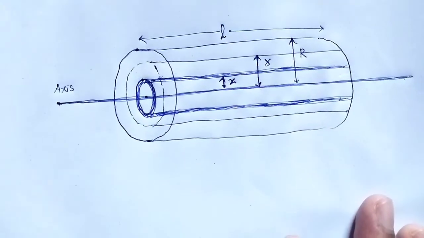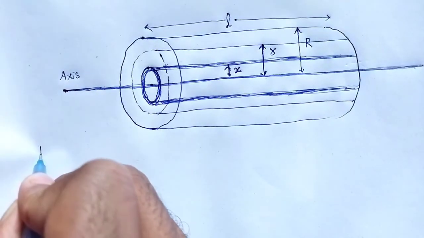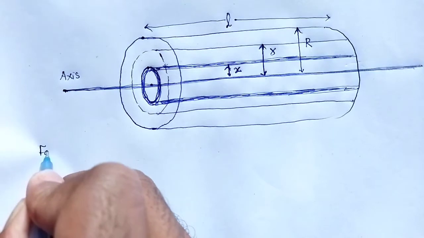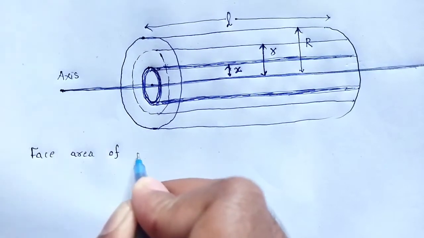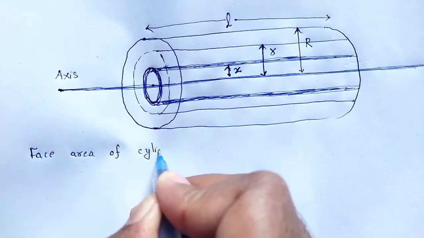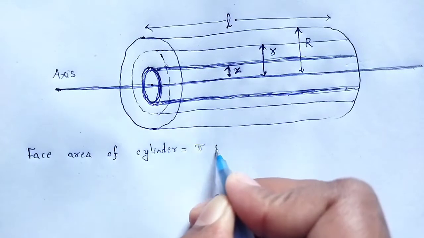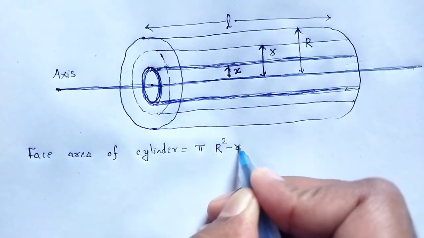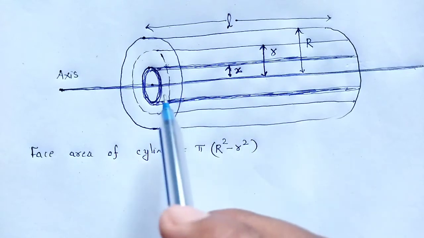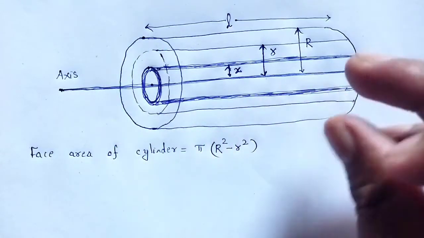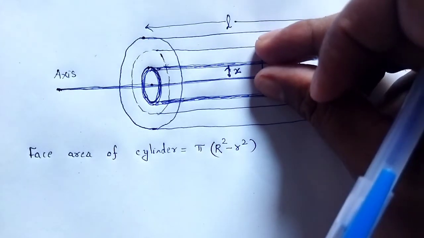Now we mathematically treat the face area of the cylinder. It is equal to pi into R square minus r square. This is the capital R, this one is the small r.